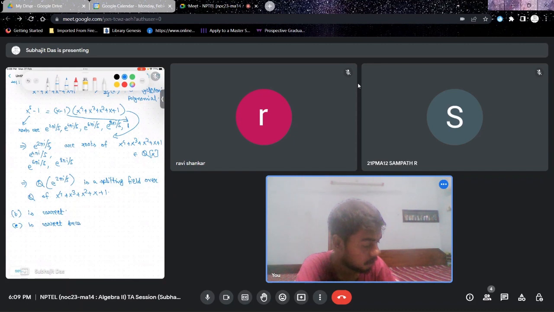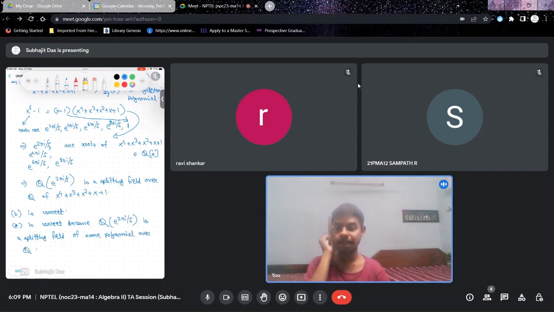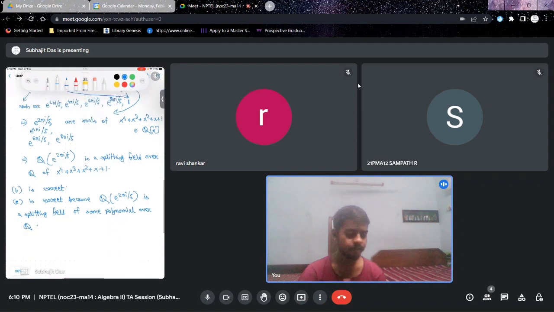Because Q adjoined with e^(2πi/5), as we just saw, is a splitting field of some polynomial over Q. This is a splitting field of some polynomial over Q, and hence every splitting field is always a normal extension, right?